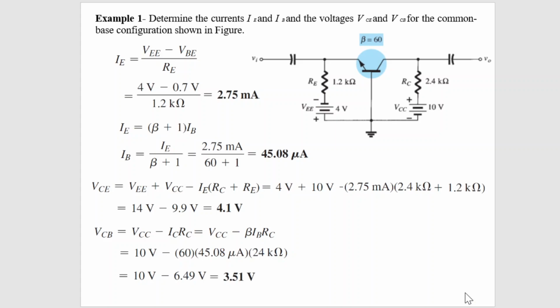I have shown how a change in beta and a change in other parameters affect the sensitivity and stability of the transistor. Out of all these transistor biasing configurations, the voltage divider biasing configuration is much preferred for amplification purposes.